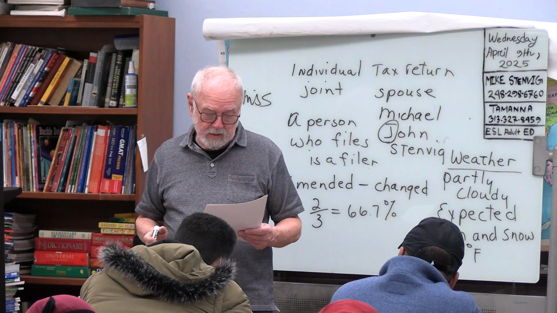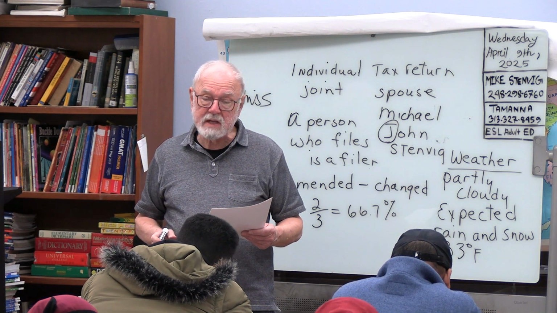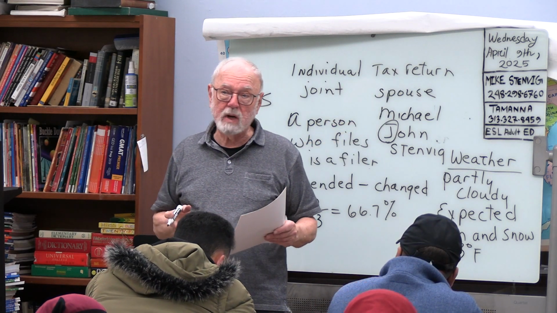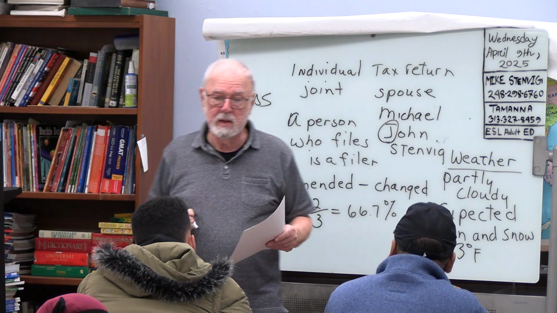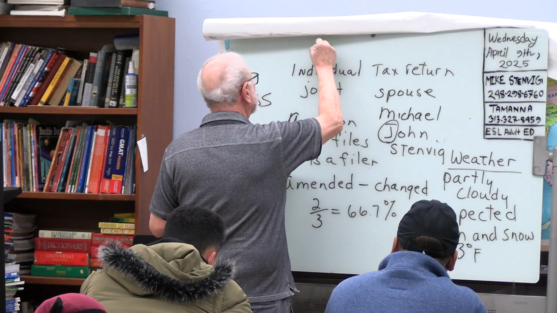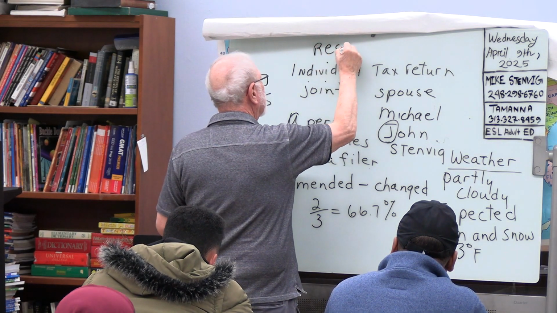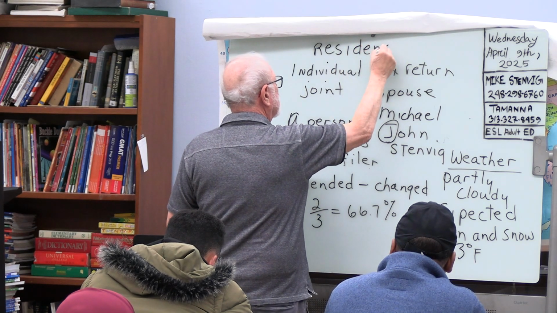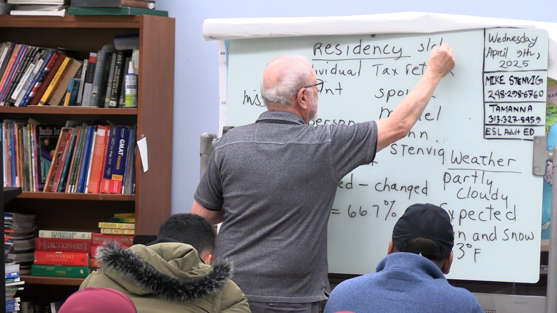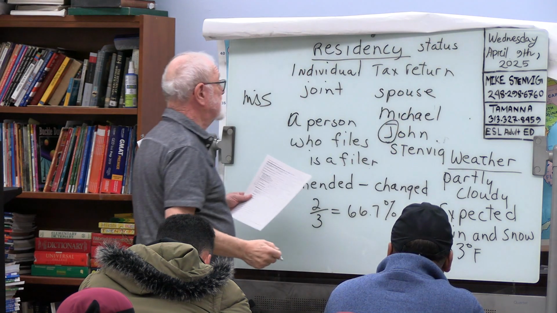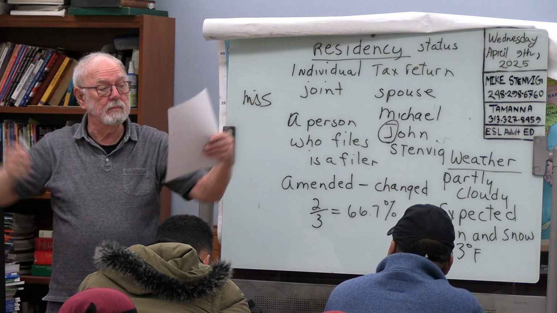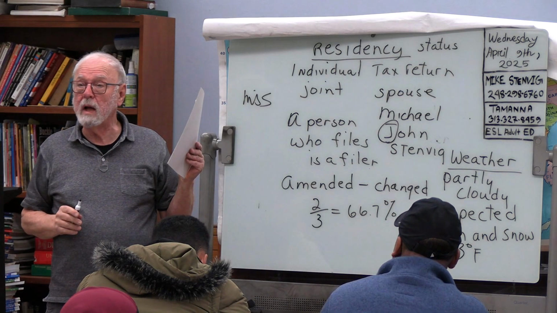Then of course it says on number 8, residency status. Status again. So what does residency mean? Residency status. And the choices are, you're a resident. Resident of what?